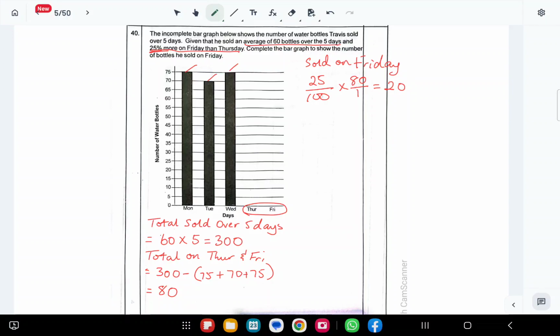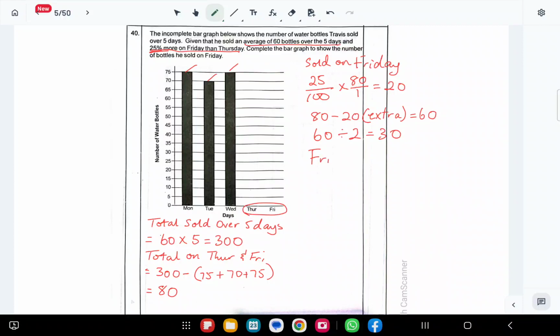So to solve for Friday, it would be the total for Tuesday and Friday, which is 80. Take away the 20 extra that will go towards Friday, and that will leave us with 60. 60, we divide that between 2 days, the Tuesday and the Friday, so that means each day was 30.